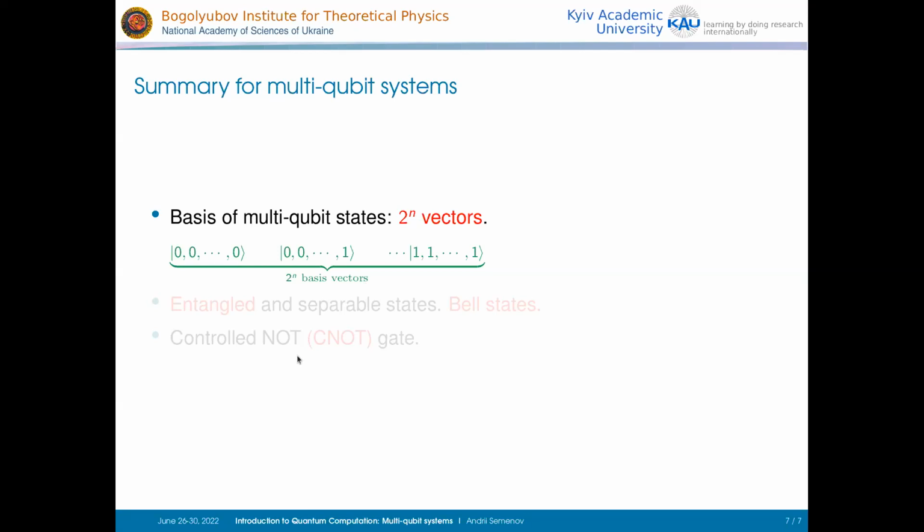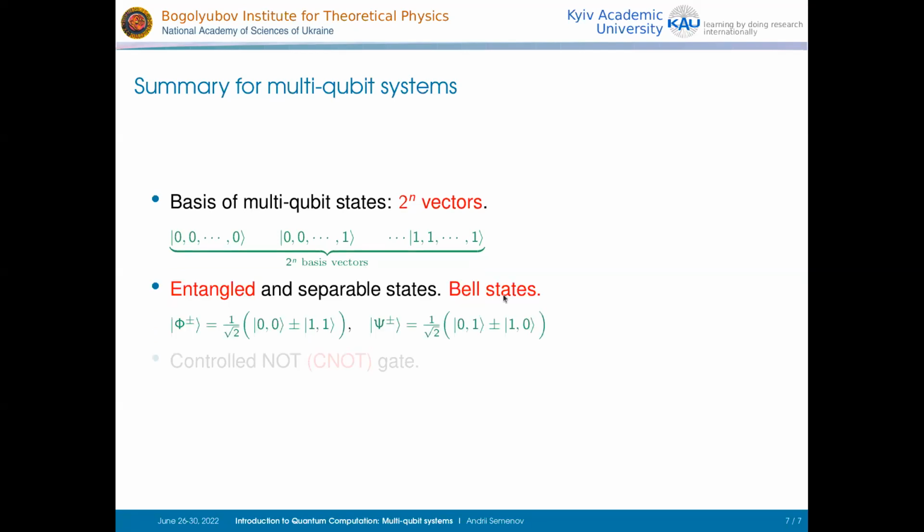The next topic, entangled and separable states. The definition, I believe you already studied. And what you also need is Bell states. The Bell states here are defined like this. This is an important example of entangled states.